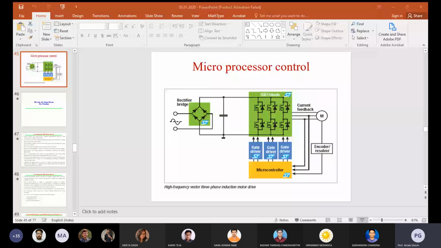So based on your application, suppose you are designing a cost-efficient drive, you can directly use a normal uncontrolled rectifier.